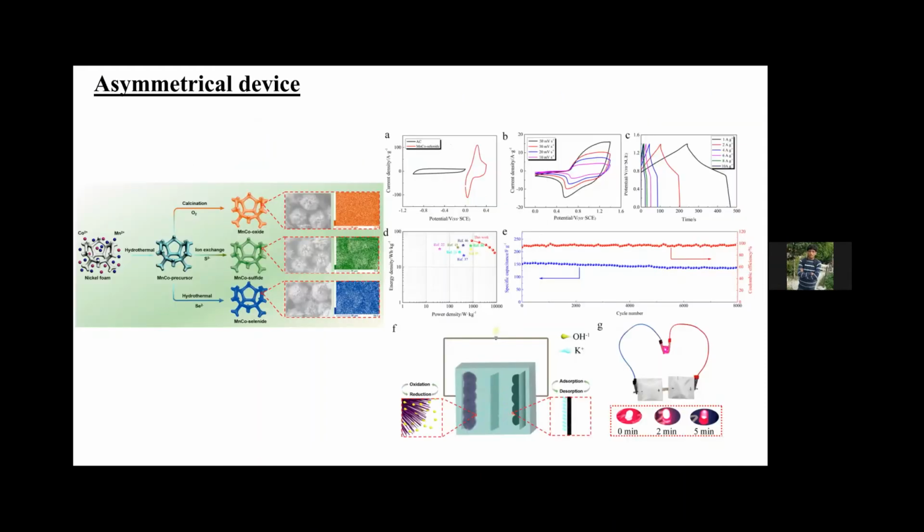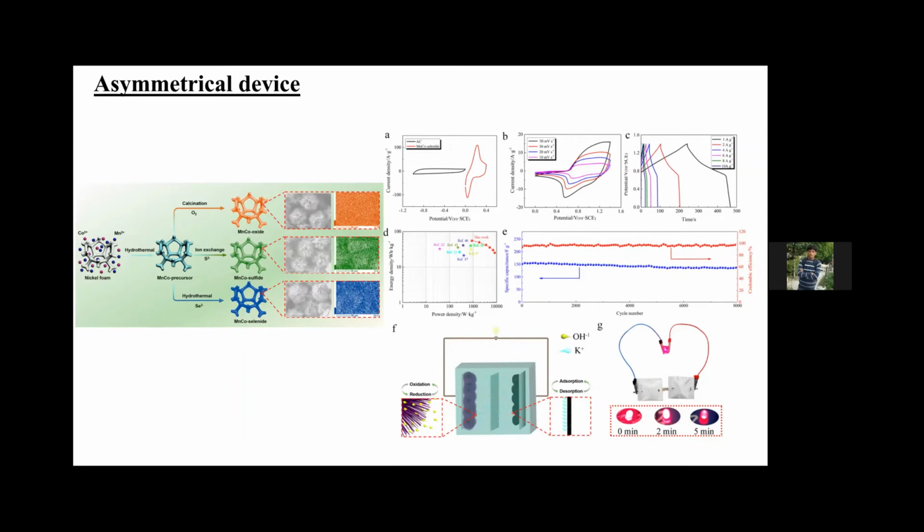Next, till now we have been talking about the symmetrical, now the asymmetrical devices. For the symmetrical, both electrodes are the same, but for the asymmetrical, we are using different electrodes.